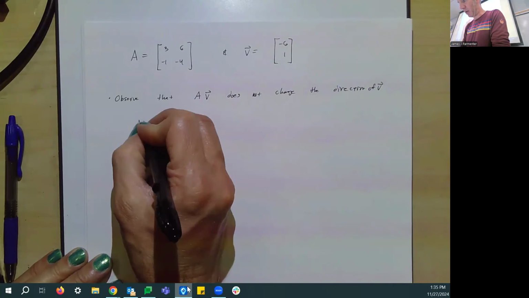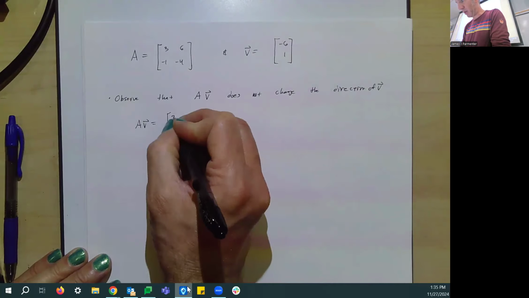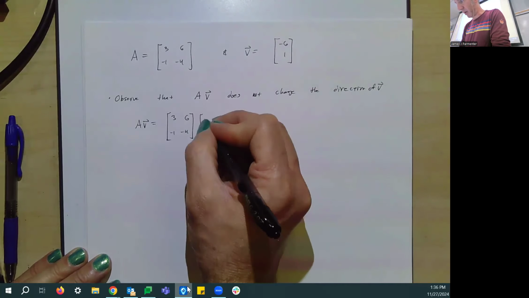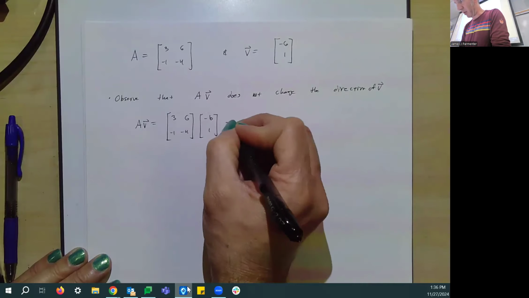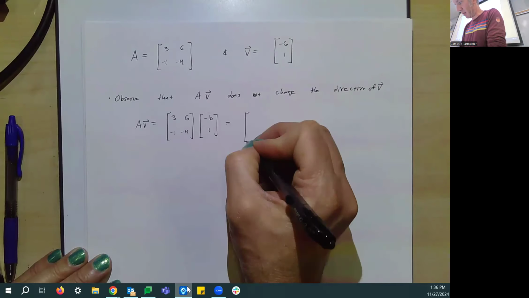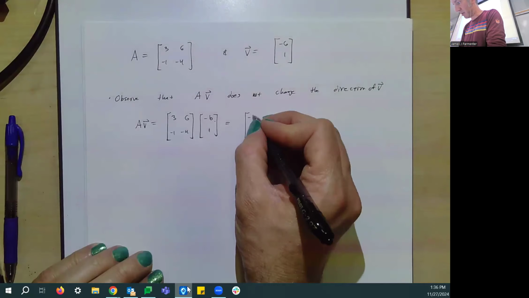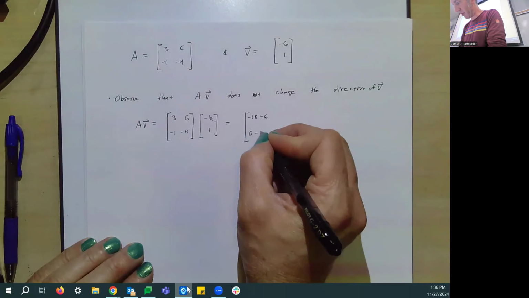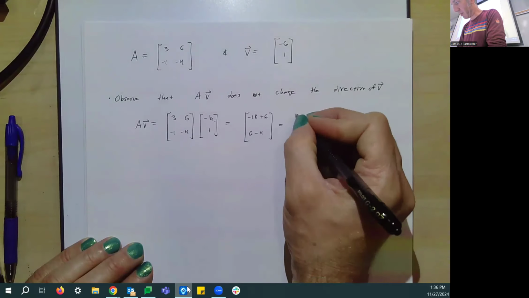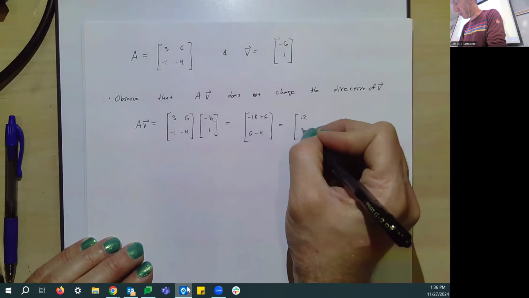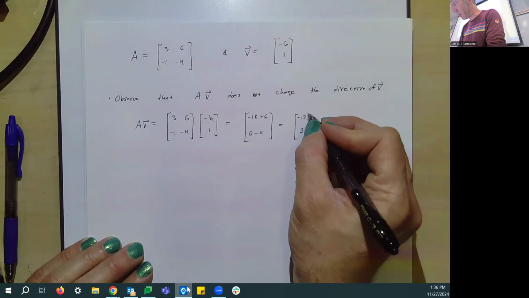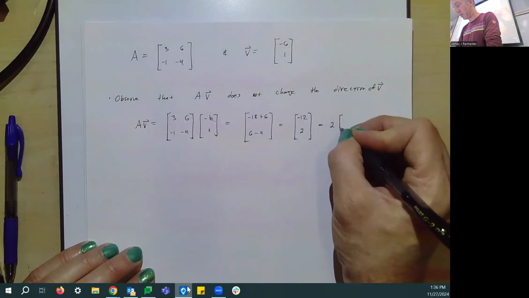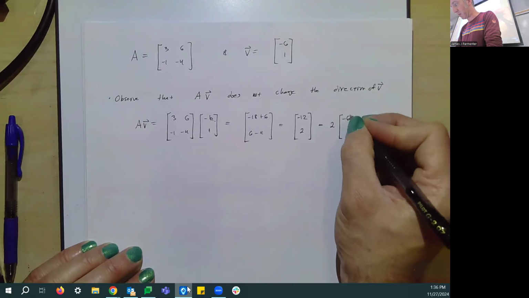A times V is 3, 6, negative 1, negative 4 times the vector negative 6, 1. And we're going to get negative 18 plus 6 and positive 6 minus 4. That's going to end up being negative 12, 2. And if you look at that, that is exactly equal to 2 times the original vector, negative 6, 1.